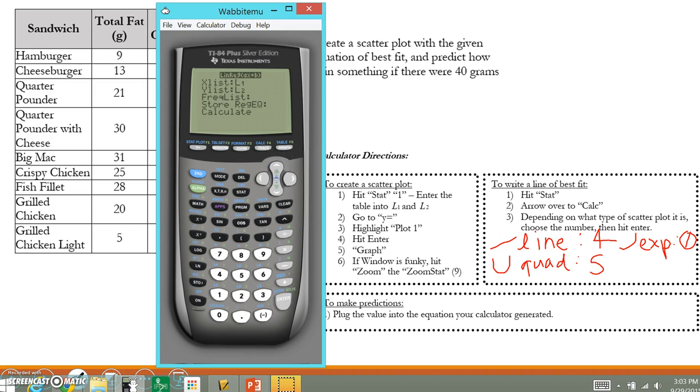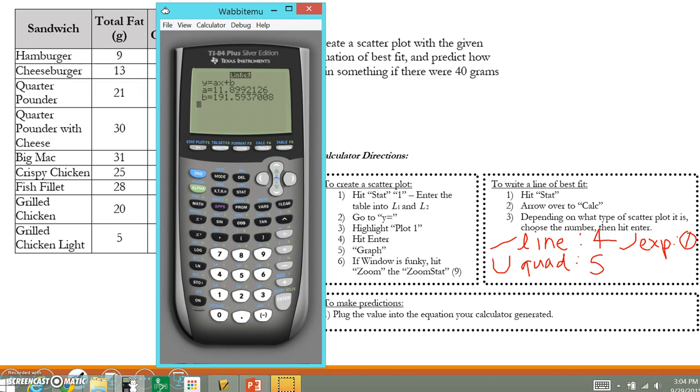So I press 4. It's going to give you this list, and you go down to where it says calculate, and you hit enter. So what it gives you is y equals ax plus b. That's like the template, and then it gives you the a and the b. Now you cannot round any of these, unfortunately, and so you're just going to have to write out all of the things.